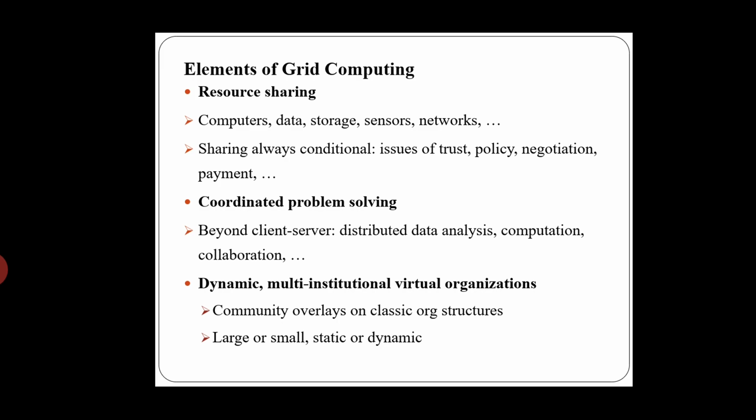The grid vision requires standard protocols, interfaces and policies that are not only special purpose but also general purpose. These protocols allow us to establish resource sharing arrangements dynamically with any interested party, and to create compatible and interoperable distributed systems.